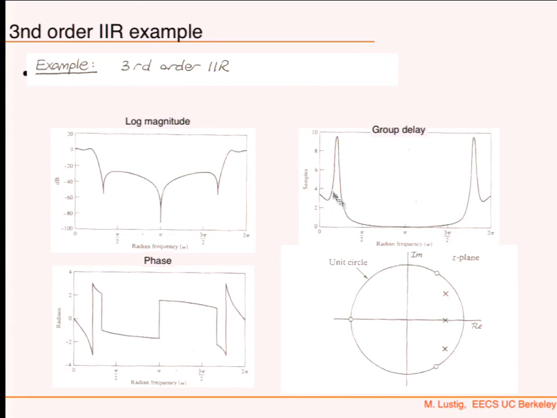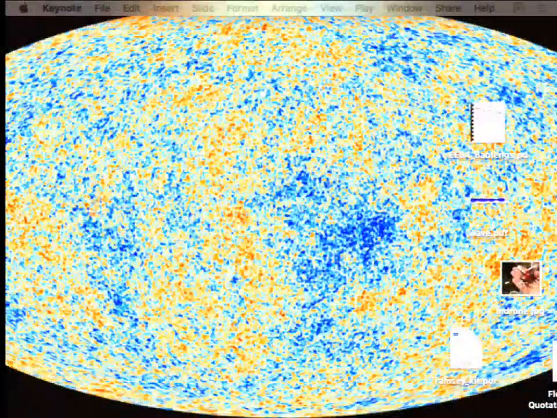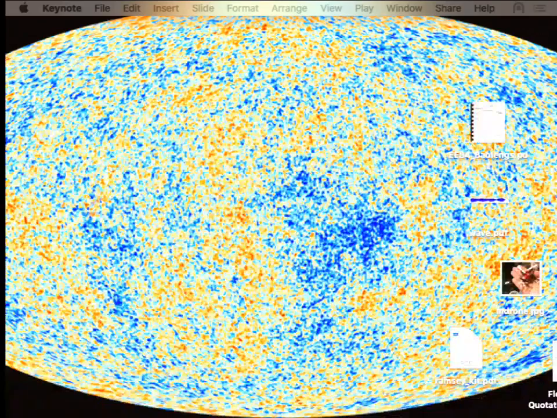Then you can see that, first of all, this system is obviously causal, and the group delay is positive for all frequencies. It is actually possible to have a negative group delay in a causal filter, by the way, but it cannot be negative for all frequencies.